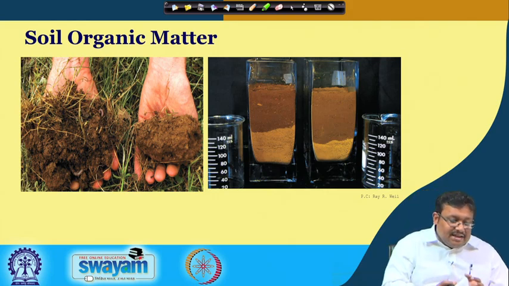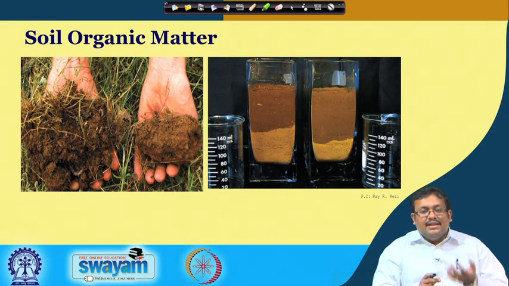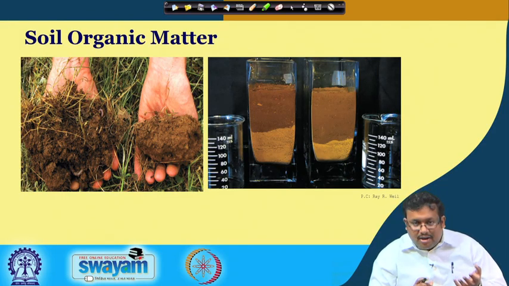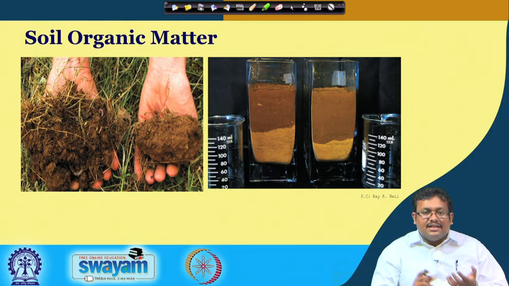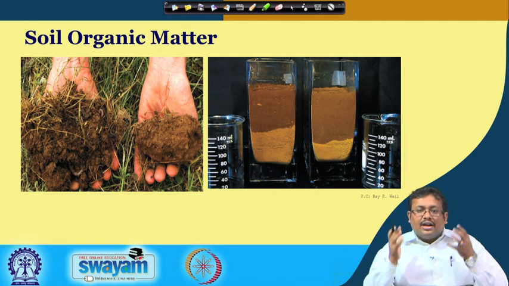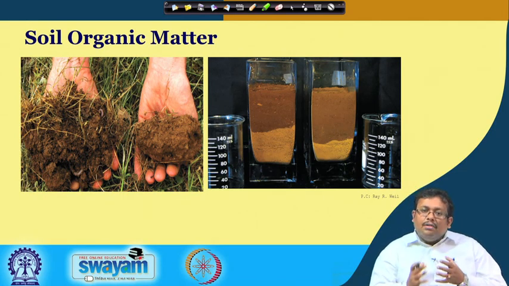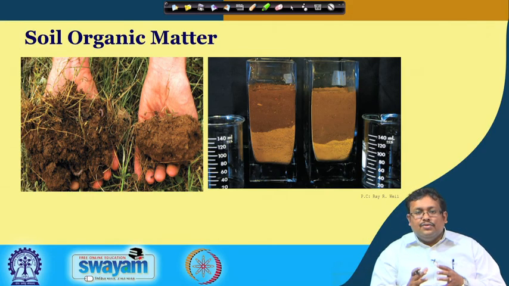Obviously, the physical, chemical and biological properties will be better in the soil with high organic matter, and this soil will be helpful for better plant growth compared to the other soil. And as I have told you, organic matter has a high water holding capacity, so a soil with a high amount of organic matter will also show high water holding capacity.